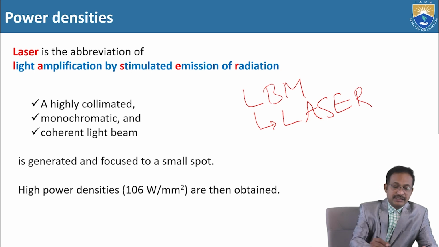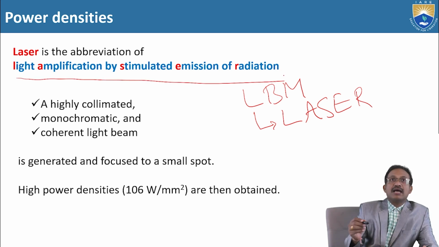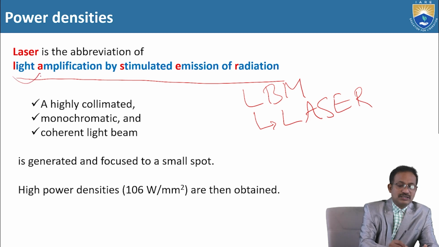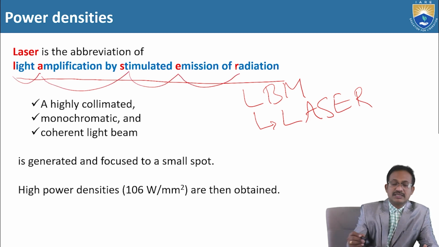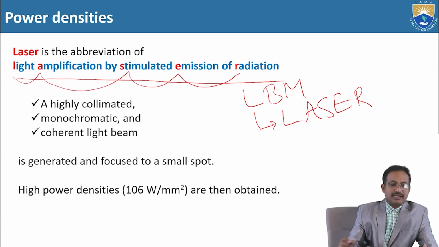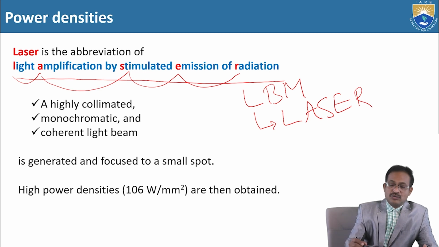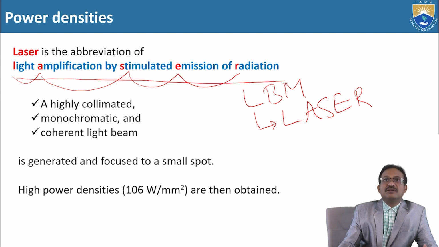Let me reiterate: light amplification by stimulated emission of radiation. The first letters of all these combined give LASER, laser. So the short form of light amplification by stimulated emission of radiation is laser.